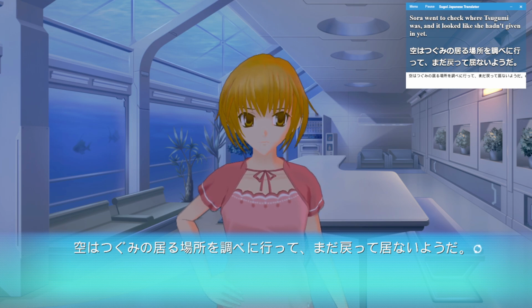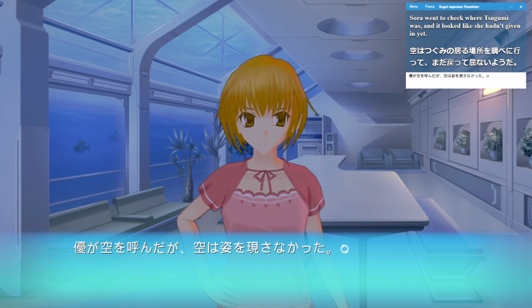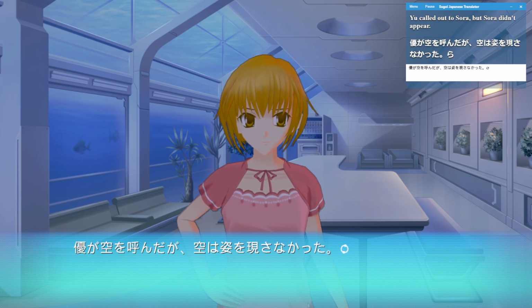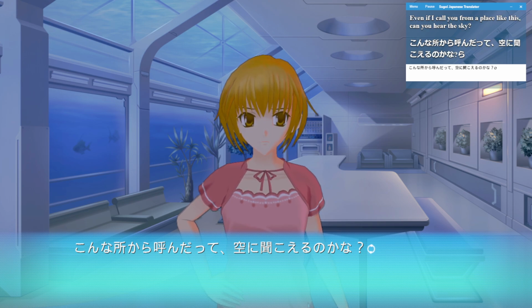Oh. She hadn't come back yet, right? Yeah, Sora had gone to check out where Tsugumi was and hasn't returned yet. You called out to Sora, but Sora didn't appear. Even if you call from a place like this, can Sora hear you?